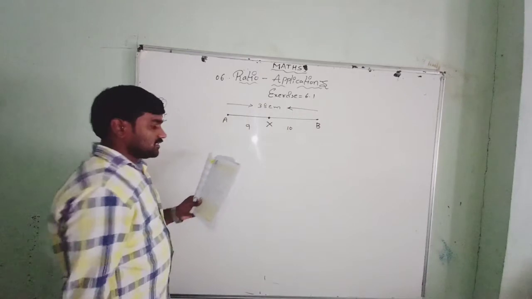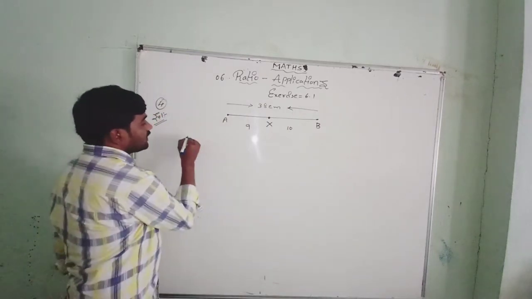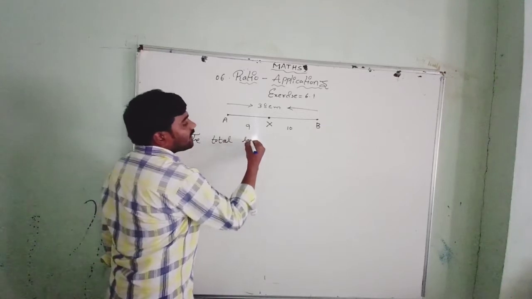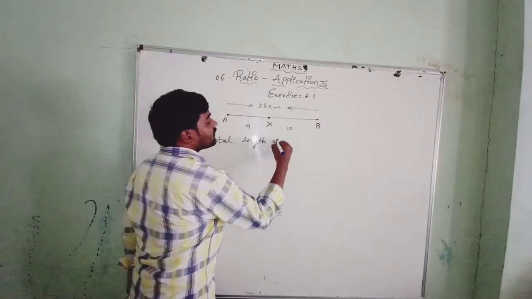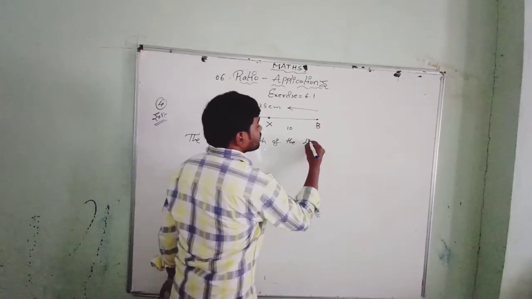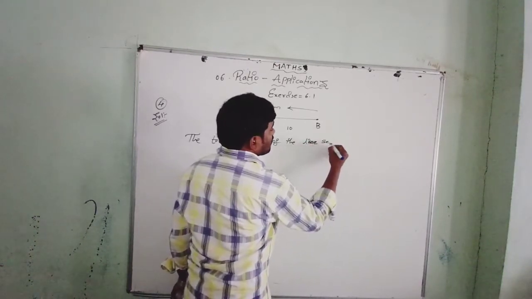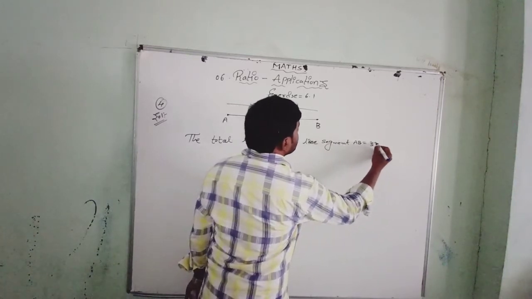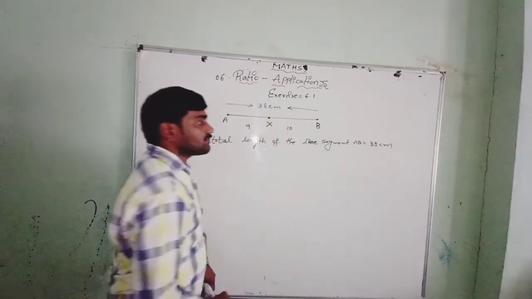The total length of the line segment AB equals 38 centimeters.